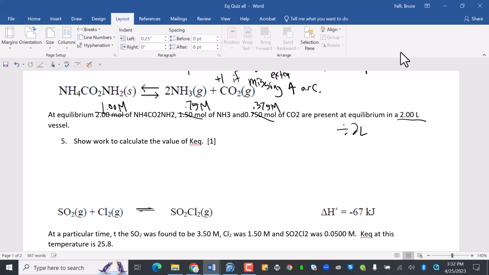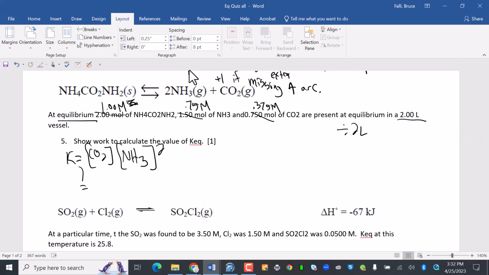These are present at equilibrium. Show the work to calculate the value of K. So because they're at equilibrium, I'm just going to write my K expression. K is CO2 times NH3 squared. This is a solid, so that means that's it.